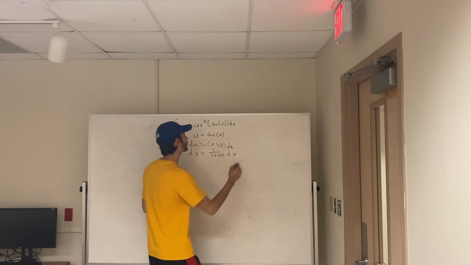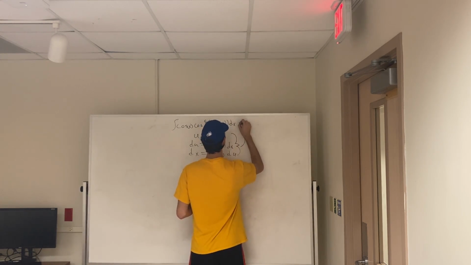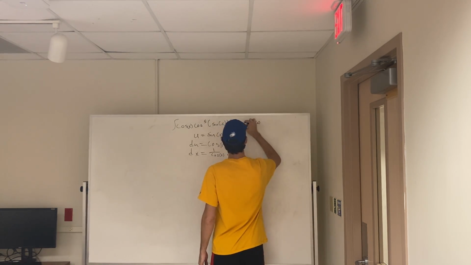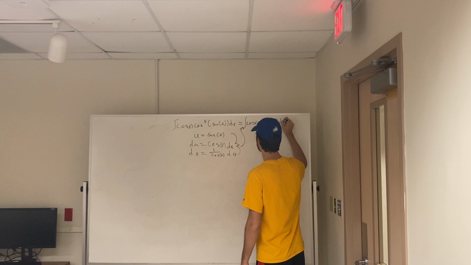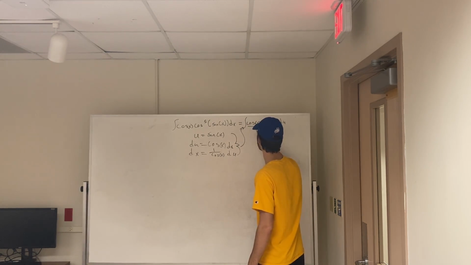So now we're going to have from this, equals cosine x times cosine to the 5 of u du divided by cosine of x.